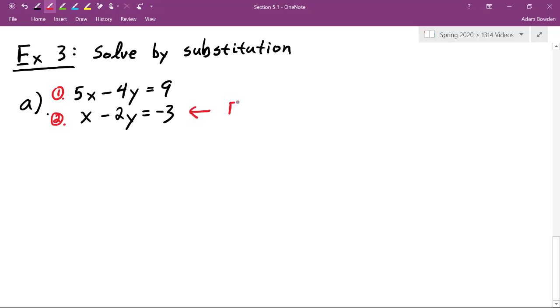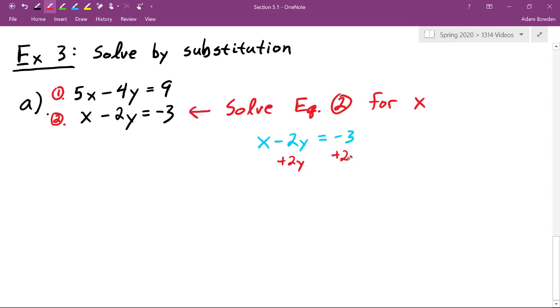So here I'm going to solve equation 2 for x. And to solve equation 2 for x is just a one-step process. I'll add over the 2y and make this into x is equal to 2y minus 3.